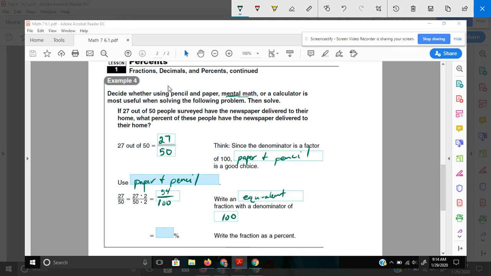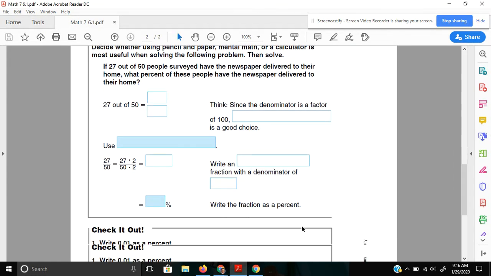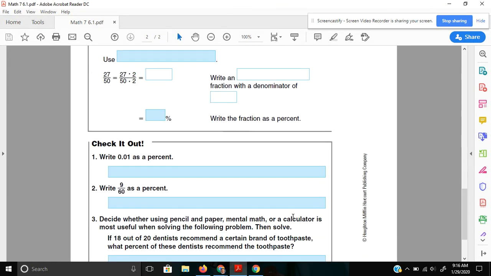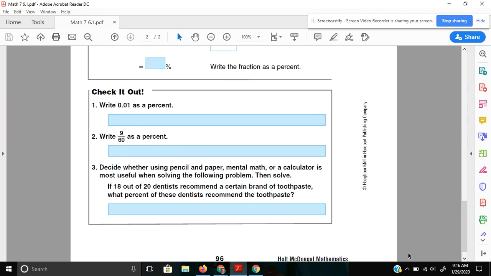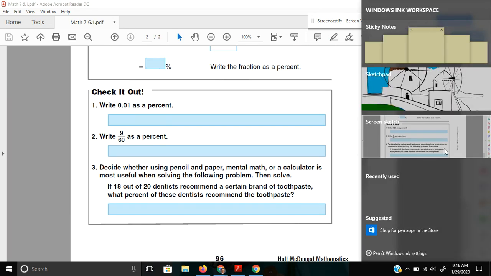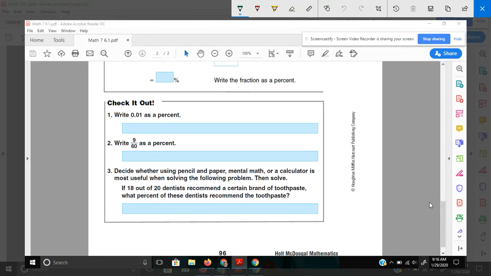And 54 over 100, remember, you just write your numerator with the percent sign, because percent means out of 100. So 54% of people have the newspaper delivered to their home. Okay. Why don't you next go to the last 3 problems to check it out. Pause the video now, try them on your own, and then come back to see if you got them correct.